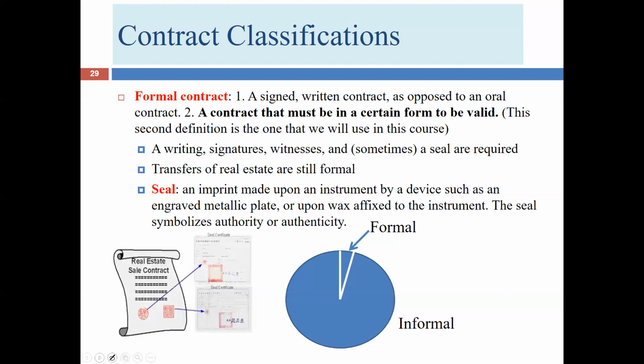When we use the word formal, we can mean several different things in English. One meaning is that it's kind of a big deal event, something that's significant. For example, graduating from college, that's a formal event. You don't show up in your flip-flops.